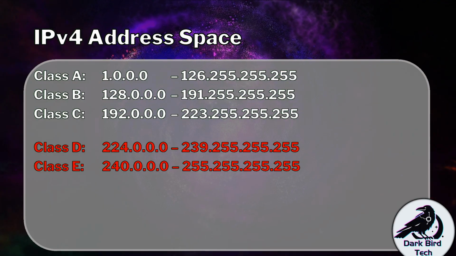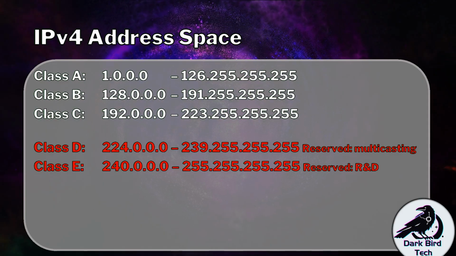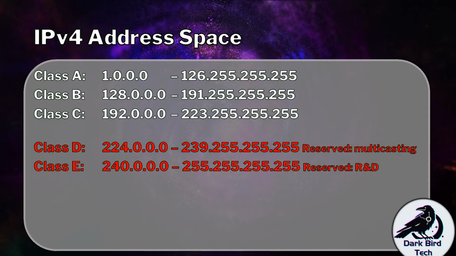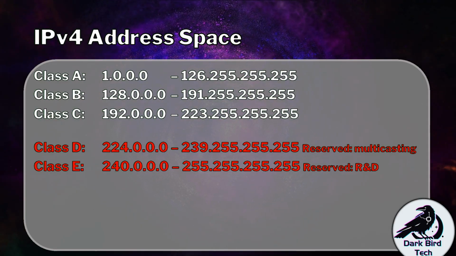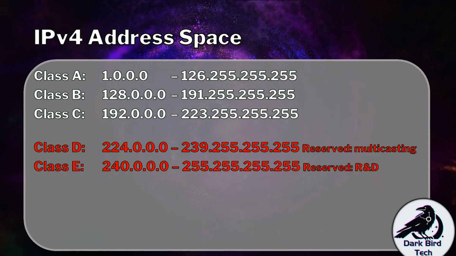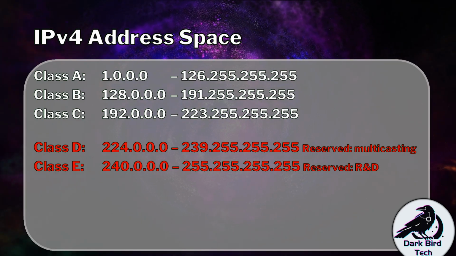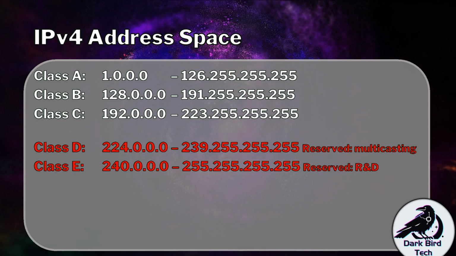The reasons being is both of them were reserved. Class D was reserved for multicasting, which is a special kind of communication, and Class E was reserved for research and development, so that the entities that help create new protocols and services for the internet can safely test them out without breaking the internet.